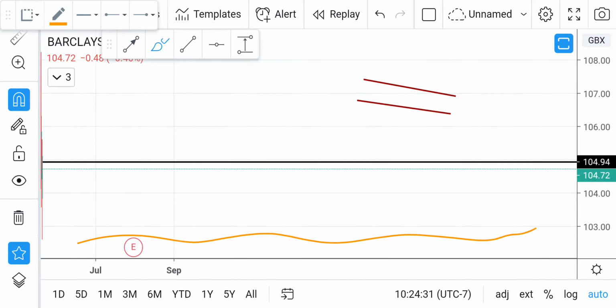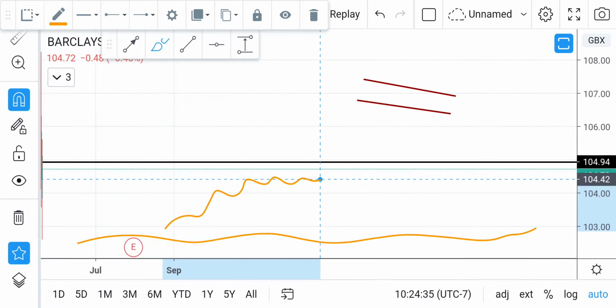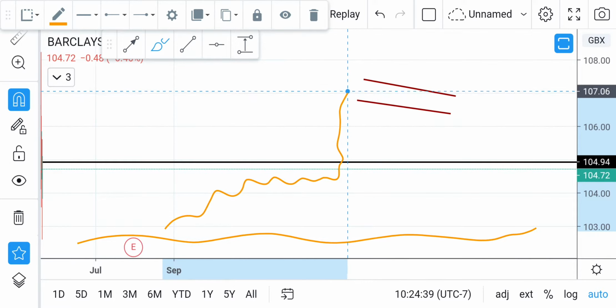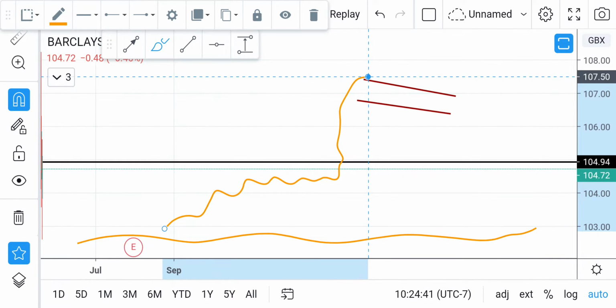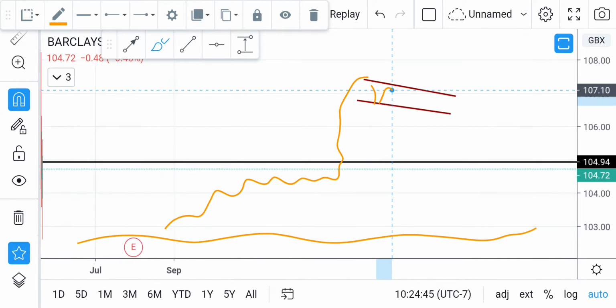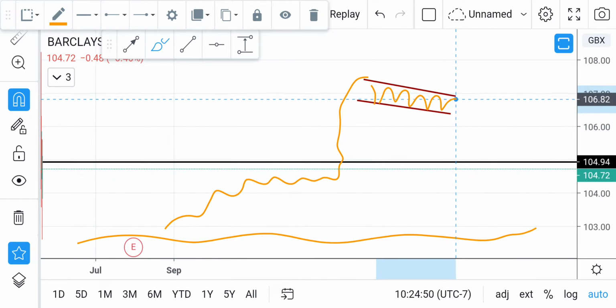Price is moving towards resistance, and once it breaks above resistance, it goes up, then it starts consolidating within the channel like this.